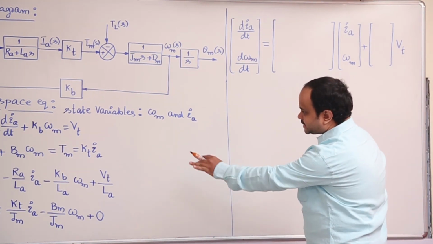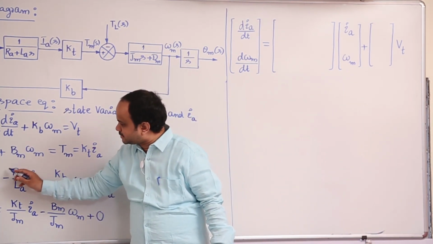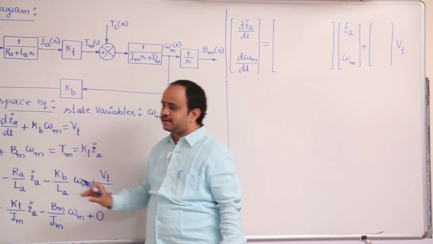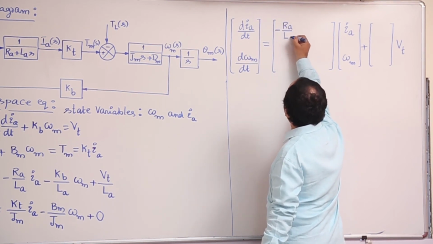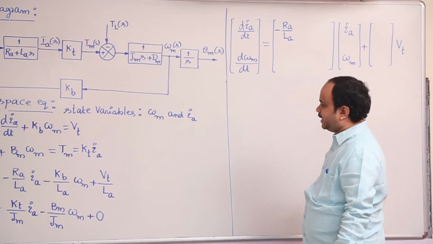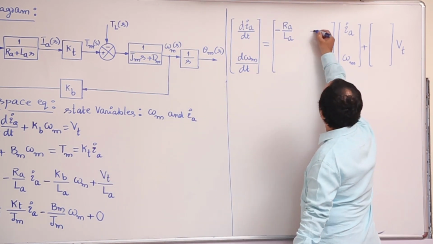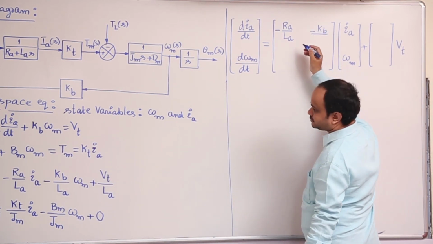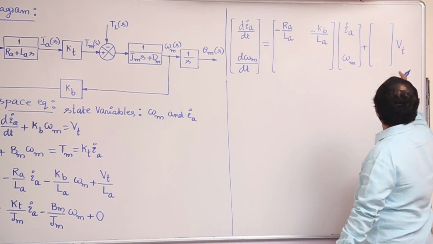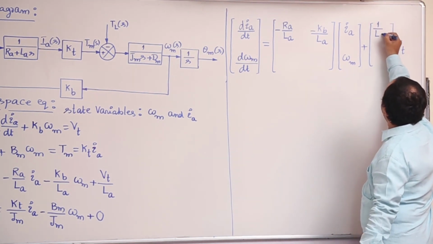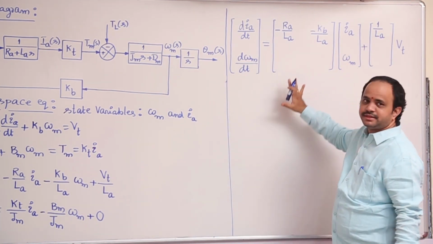Now, let us see term by term. The first term is some number multiplied with ia. This number you should write here: minus Ra by La. Next, the term multiplied with the speed, that is minus Kb divided by La, plus Vt by La. So here I can write 1 by La into Vt. So the first equation is arranged in matrix form like this.